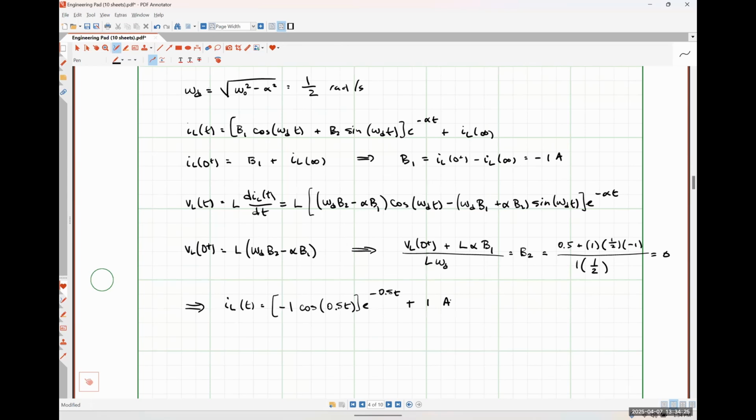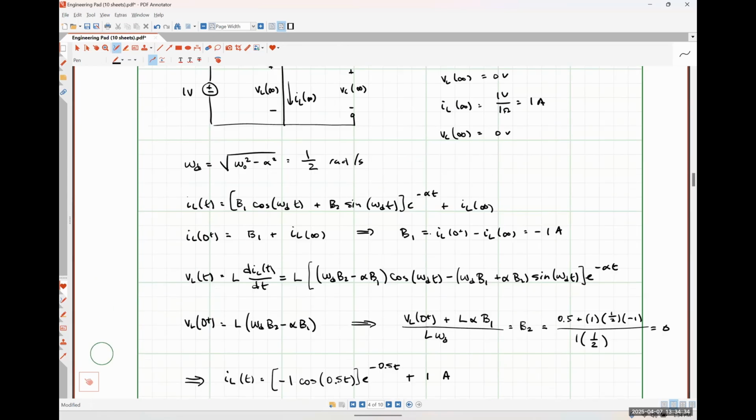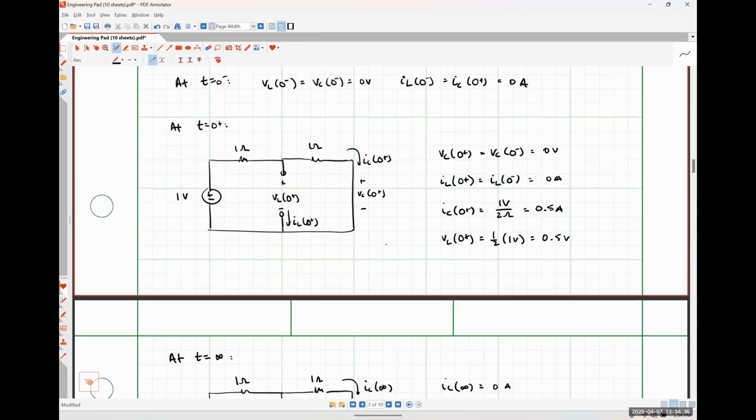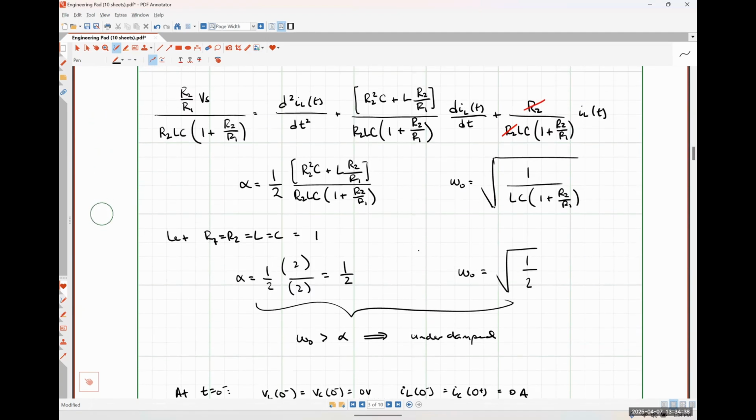So in this particular problem, I was just solving for IL specifically because our differential equation was in terms of IL, but I could have used, so let me just go back up here. When we calculated this alpha and this omega naught, if we had somehow managed to do even more horrifying math and get this differential equation in terms of our capacitor voltage, we would get the exact same alpha and the exact same omega naught.